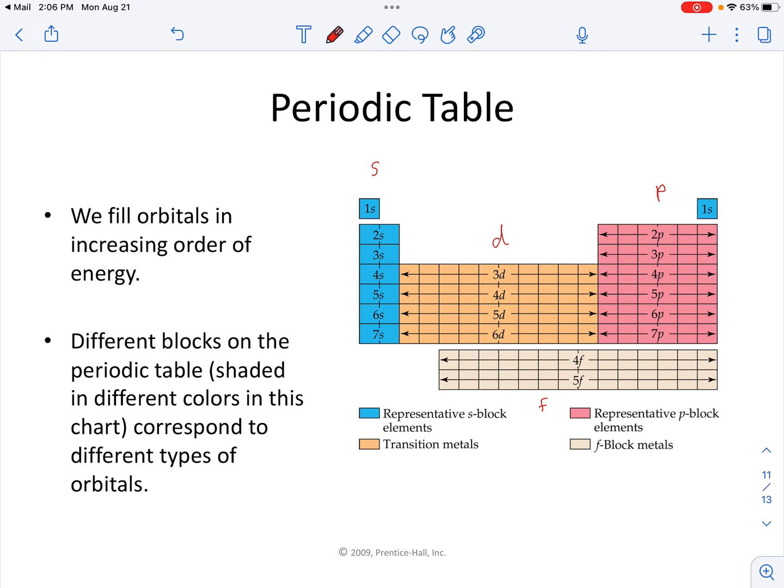So one of the tricks is to directly use the periodic table and count off of it, knowing the left is s, the right is p, and the middle is d, in order to directly get electron configurations.